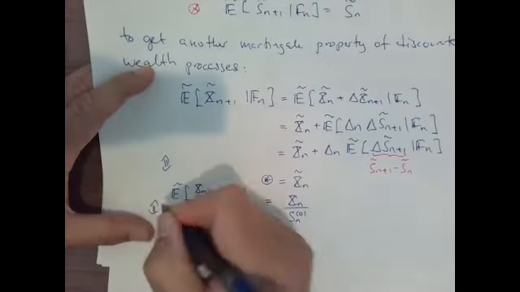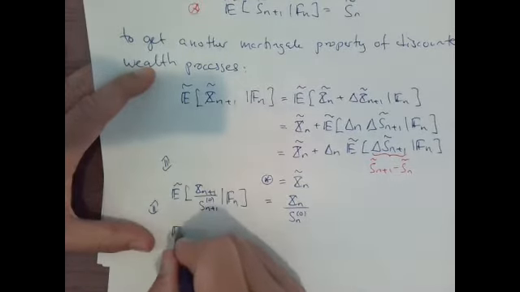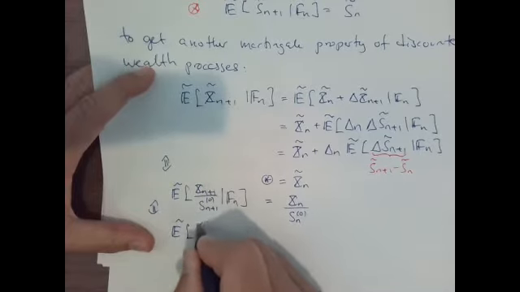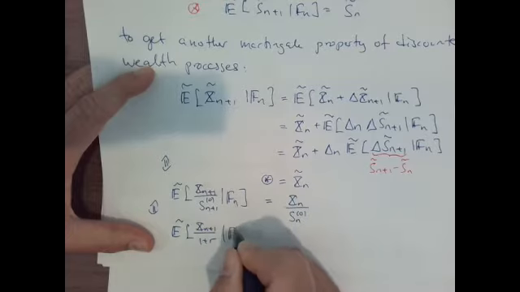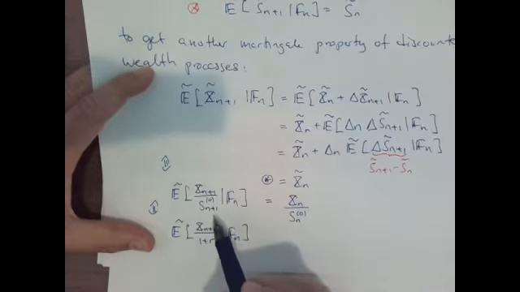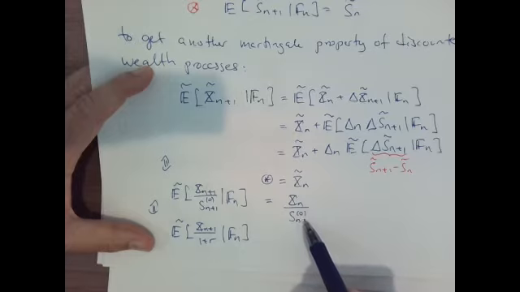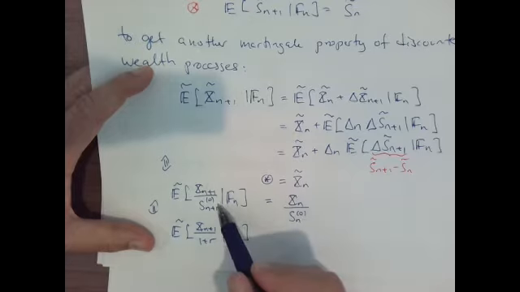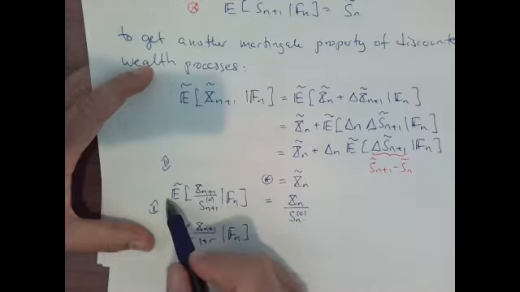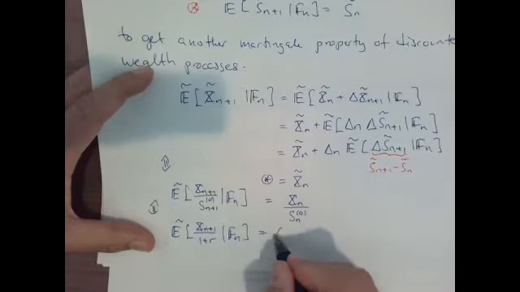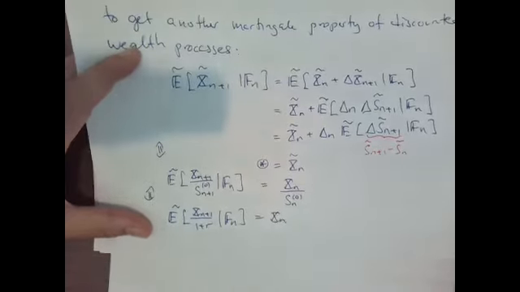This is the same as canceling out. I get X_{n+1} here divided by 1 plus R. I'll use the relationship between the money market account at time n+1 and the money market account at time n, pull it outside, divide over, and I'll have it here.